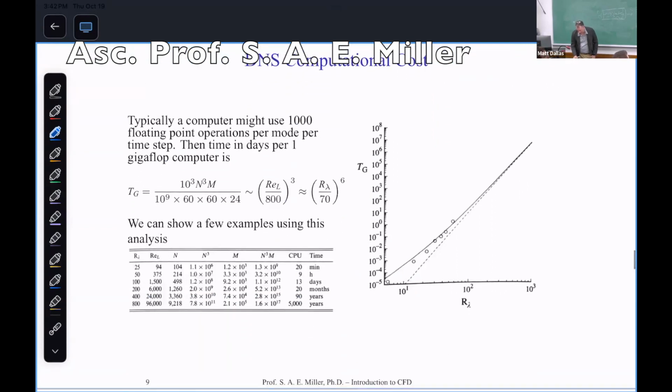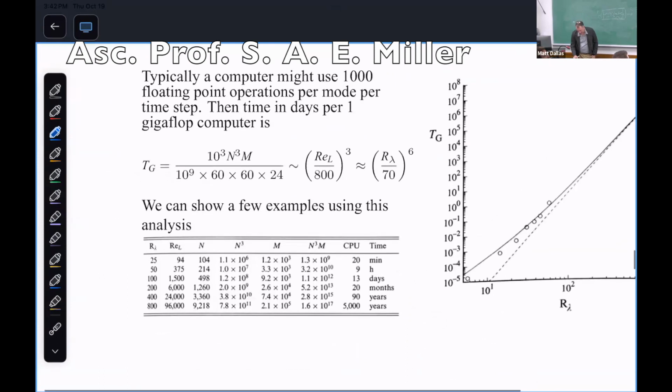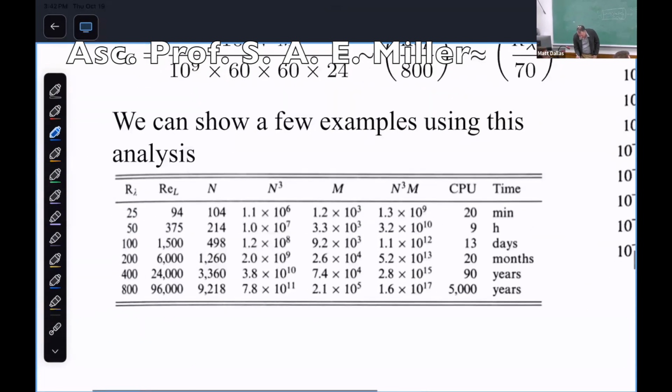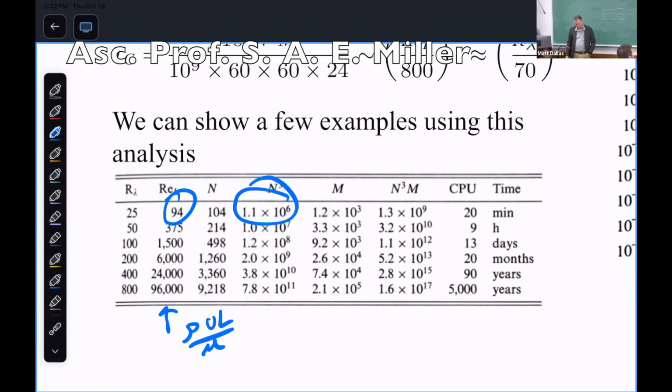So here's the result. Let's say my Reynolds number, which I just introduced, that's rho times U times L over dynamic viscosity, is about 94. That means I need about 1.1 times 10 to the 6 cubed grid points, a million grid points in 3 directions on your computer.